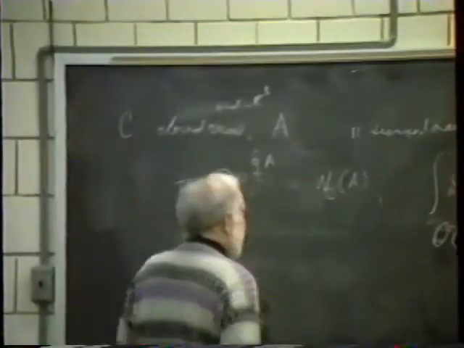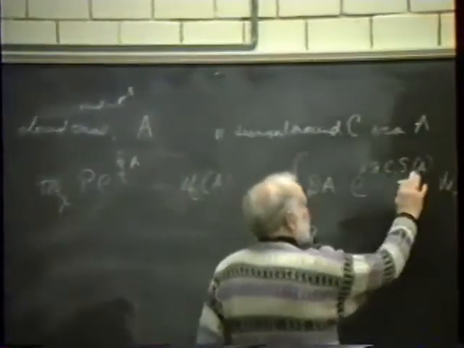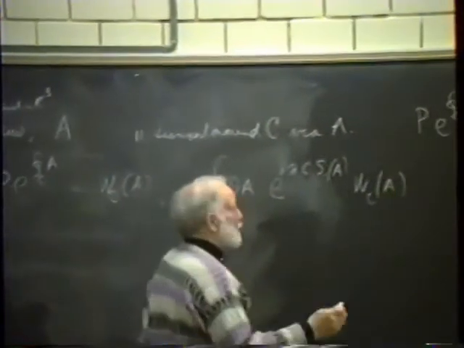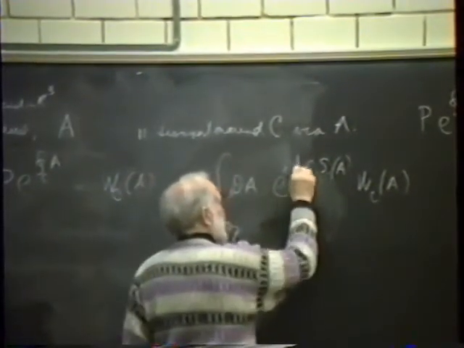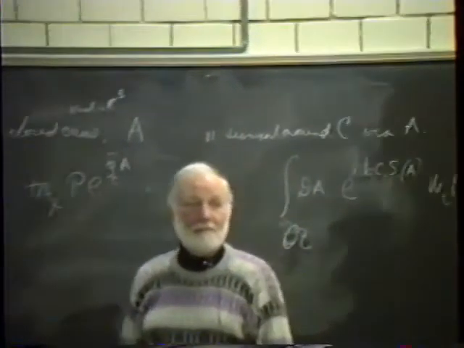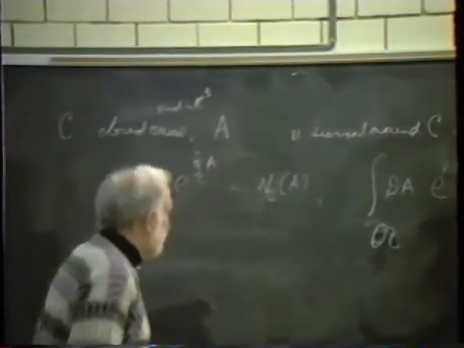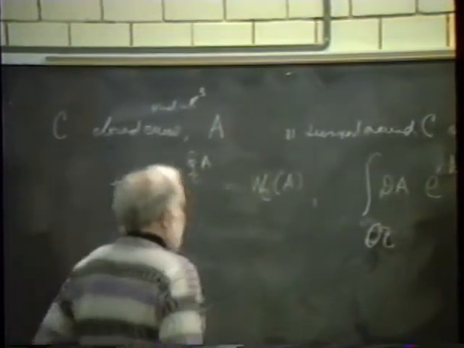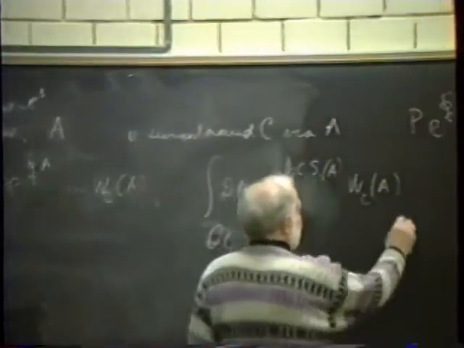And therefore, if we want this to make sense as an invariant function under gauge transformation, we better assume that this coupling constant lambda is an integer. So now we have something, this integral is some interesting function.